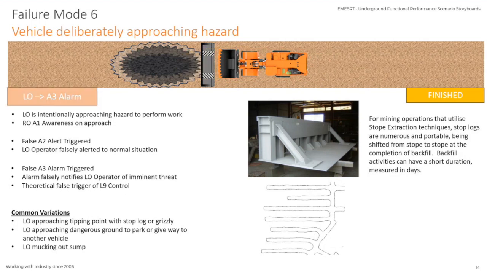As a result, the stop log may only be sitting there for a matter of days, maybe weeks. It's rarely years for a temporary fill activity. So the technology needs to account for that. It needs to be easily deployed, easily retrieved, and easily redeployed as that stop log is used on that particular job and then relocated to another job to get that stope done. So that's something that needs to be considered as part of the design process.